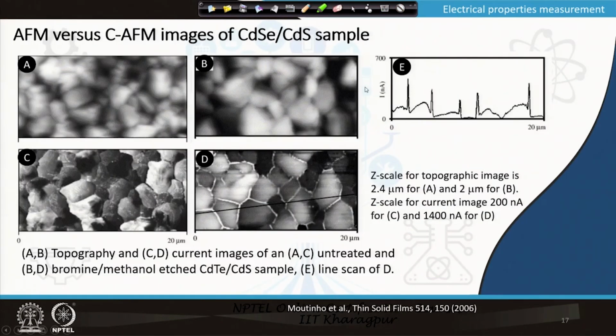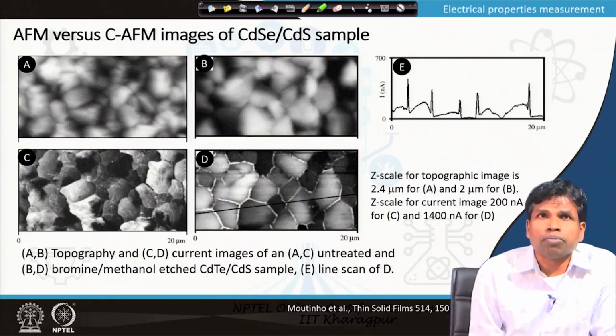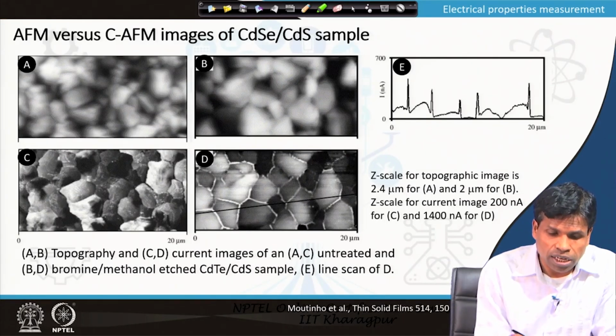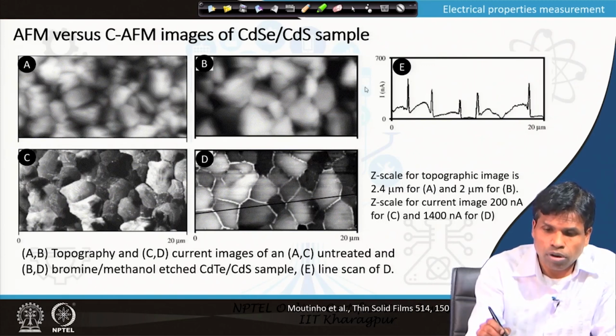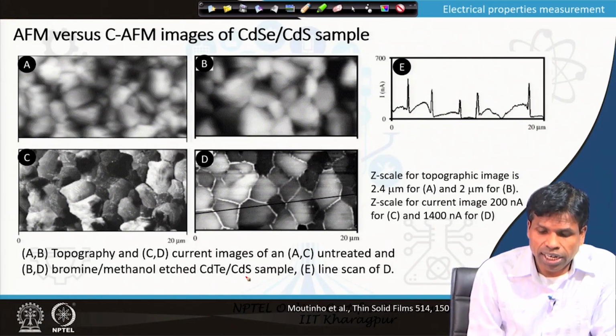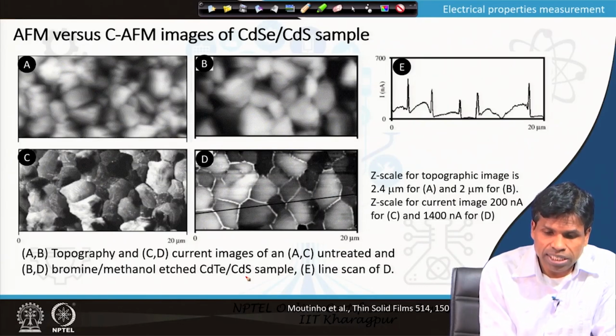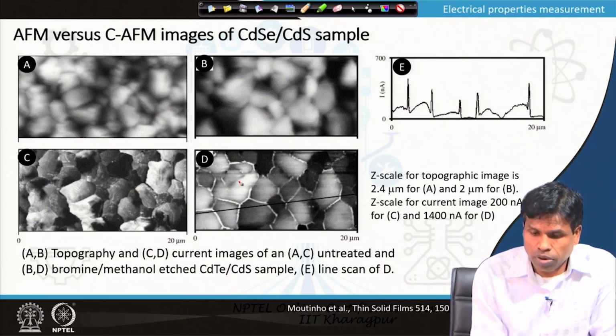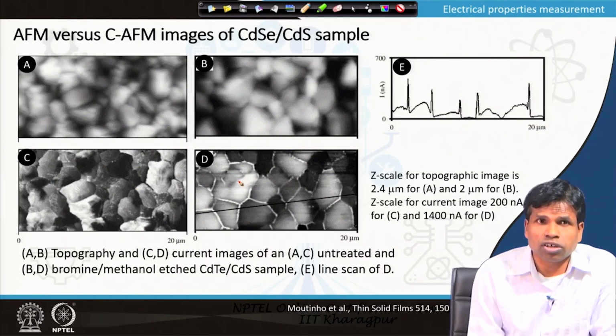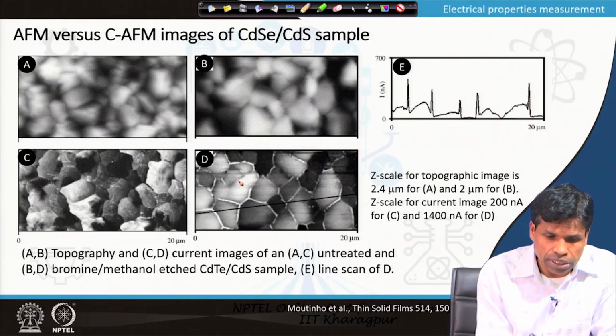Another example is shown here of how the conductive AFM mapping is done. Here are the topography images A, B of cadmium telluride and cadmium sulphide. 1, 2 are the two untreated samples, and C, D are the treated samples, which are cleaned by bromine methanol etchant solution at different concentration.